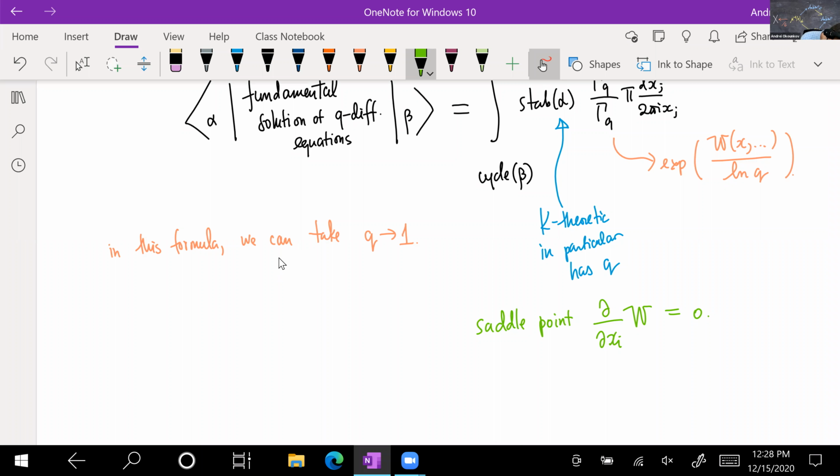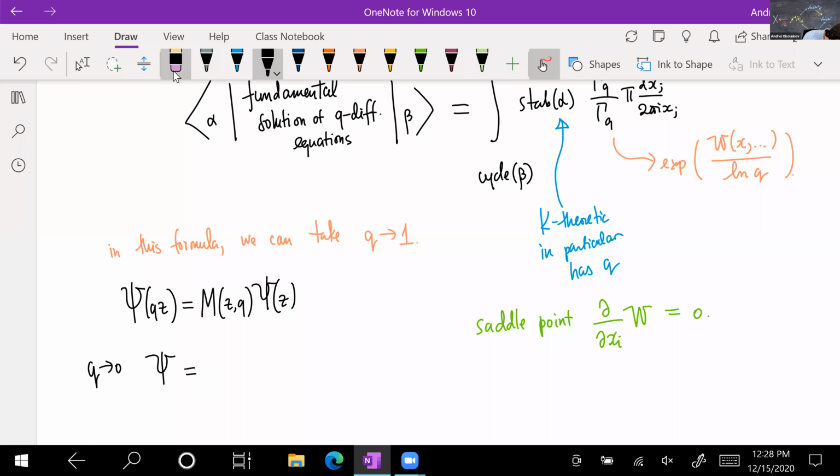On the other hand, if I have a solution of a q-difference equation, so if I'm solving an equation of the form psi of qz equals, in some variable z, some matrix M of z, q applied to psi of z, then if I take q to 1, I get asymptotic solutions of the following form.